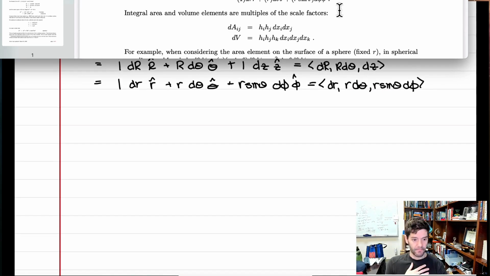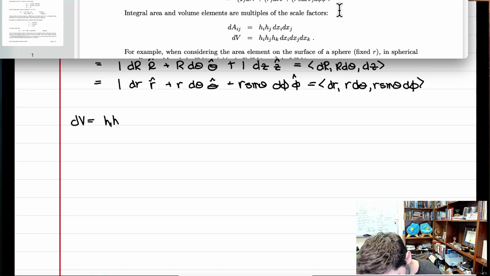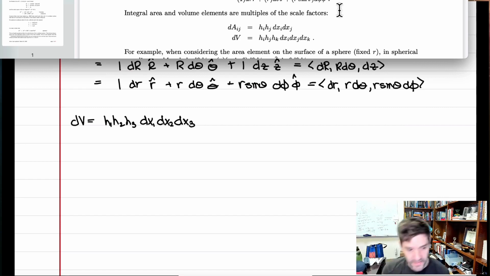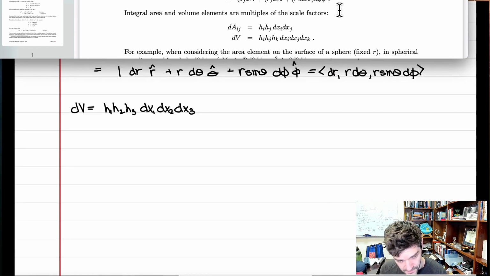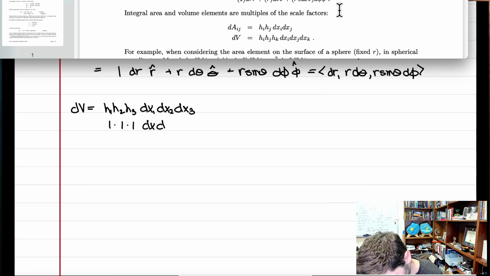Now similarly, a volume element, if I want to do a volume integral, is just the product of the scale factors times the product of the differentials. And that's true in general, no matter what the coordinate system is. So in Cartesian, it's 1 times 1 times 1, dx, dy, dz, or just dx, dy, dz.